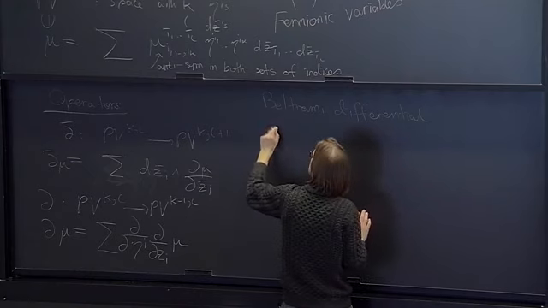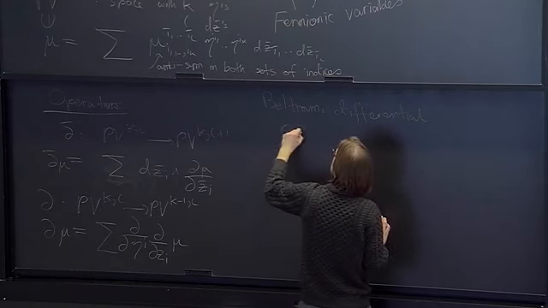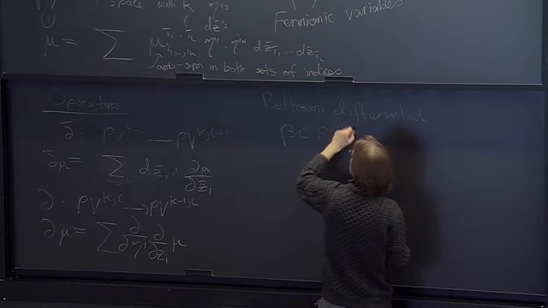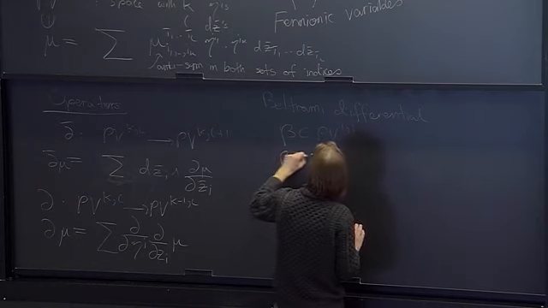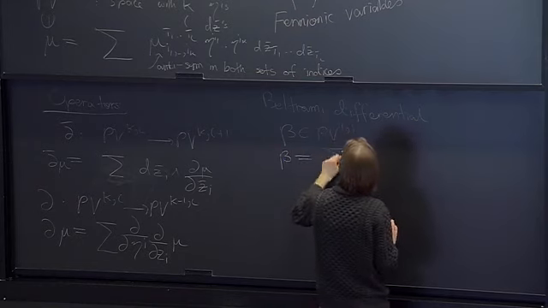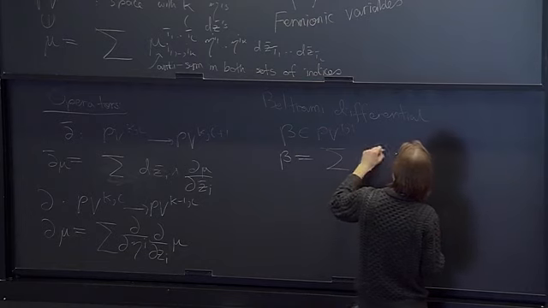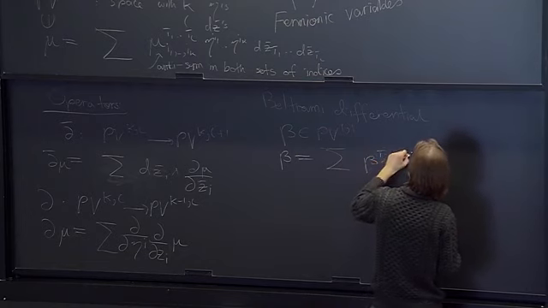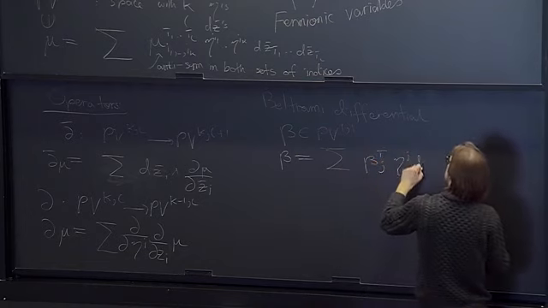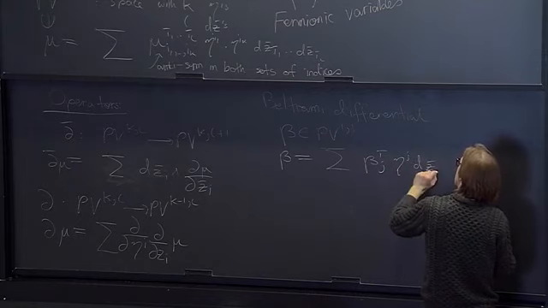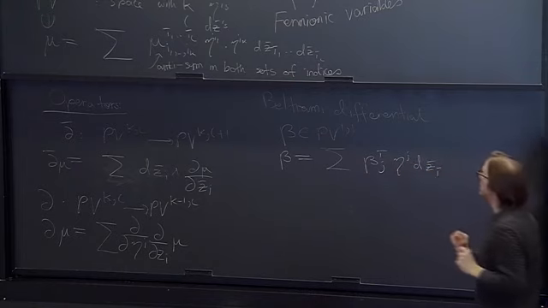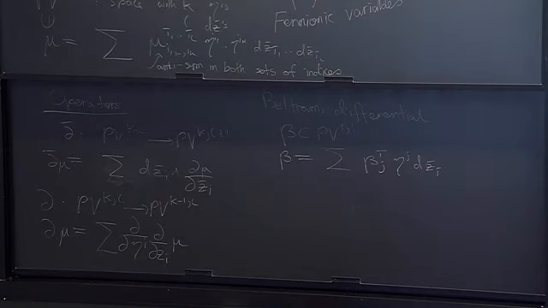These are beta in PV^{1,1}, and we can write beta as some beta^{i}_{j bar} ... Then, as we saw last time, this is the thing which describes an infinitesimal deformation of the complex structure, and it changes what it means for a function to be holomorphic.